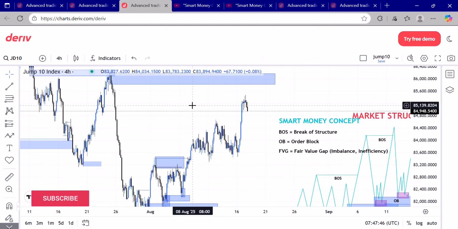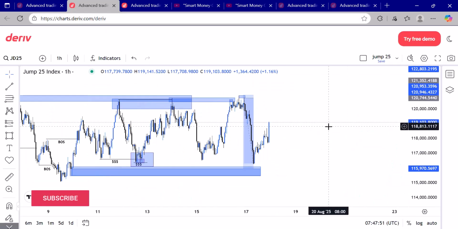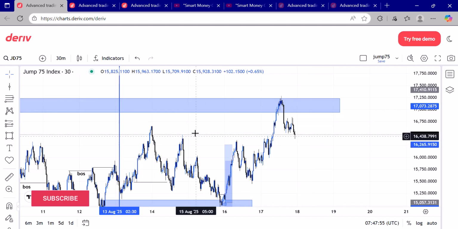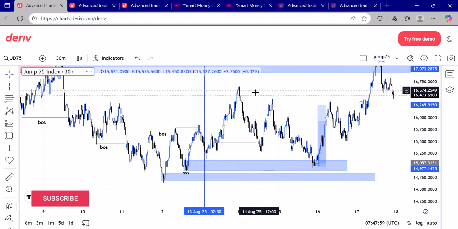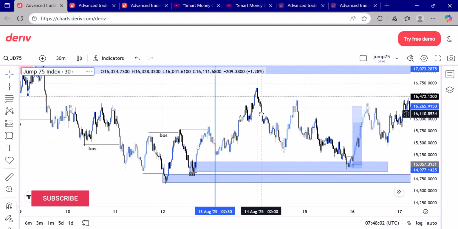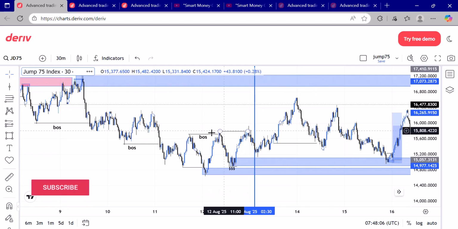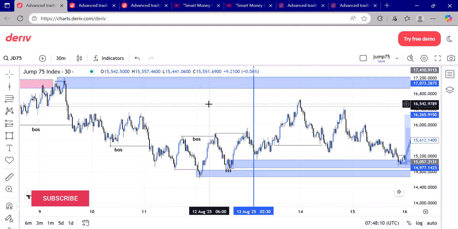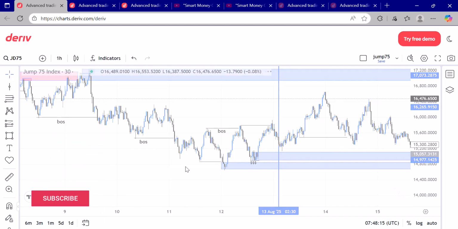All right, so let's head into another instrument. Let's come to Jump 75 Indices. Now what happened in Jump 75 Indices? As at last week, we were here where we have this demarcation. What were we looking for here? Let me go to our 1 hour time frame.